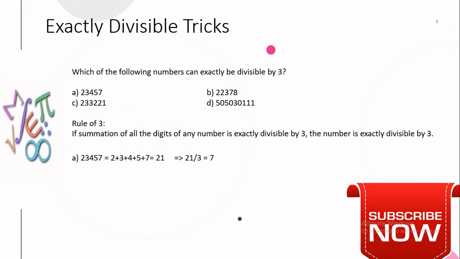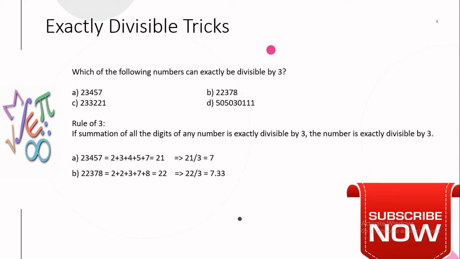Let's pick option A first: 2, 3, 4, 5, 7. If we separate this number into each digit and sum them up, 2 plus 3 plus 4 plus 5 plus 7 is equal to 21. If 21 is exactly divisible by 3, then the number must be exactly divisible by 3. Let's do option B: 2, 2, 3, 7, 8.